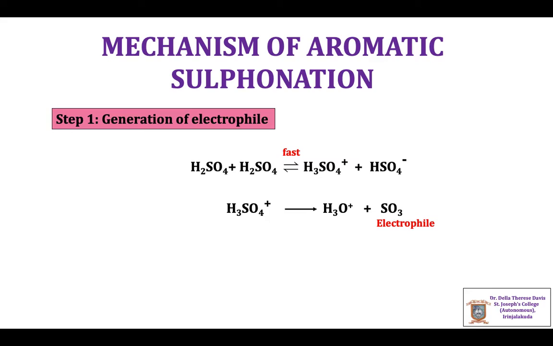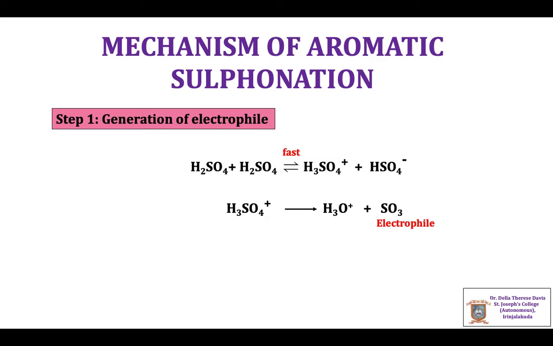Sulfuric acid undergoes autoionization to give H3SO4 plus and HSO4 minus. H3SO4 plus decomposes to give H3O plus and SO3. Here SO3 is the electrophile.